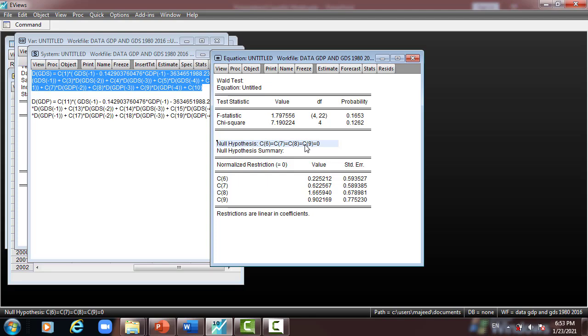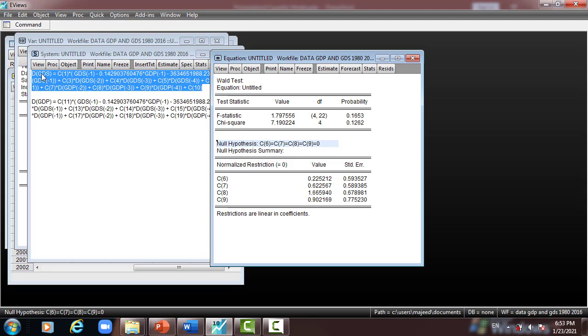Meaning that GDP lag 1, lag 2, lag 3, lag 4 cannot cause GDS in the short run. In other words, there is no causality between GDP jointly and GDS.